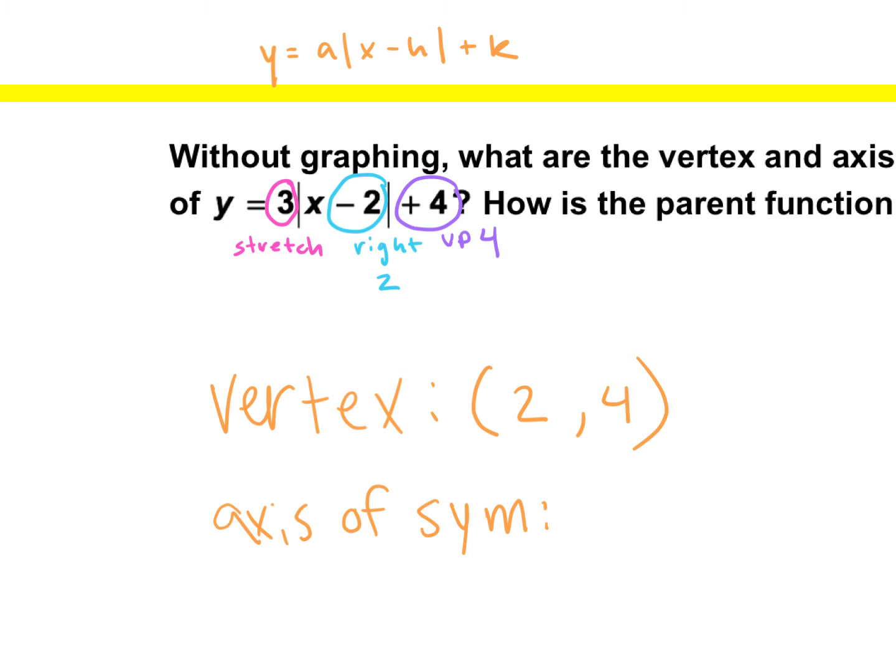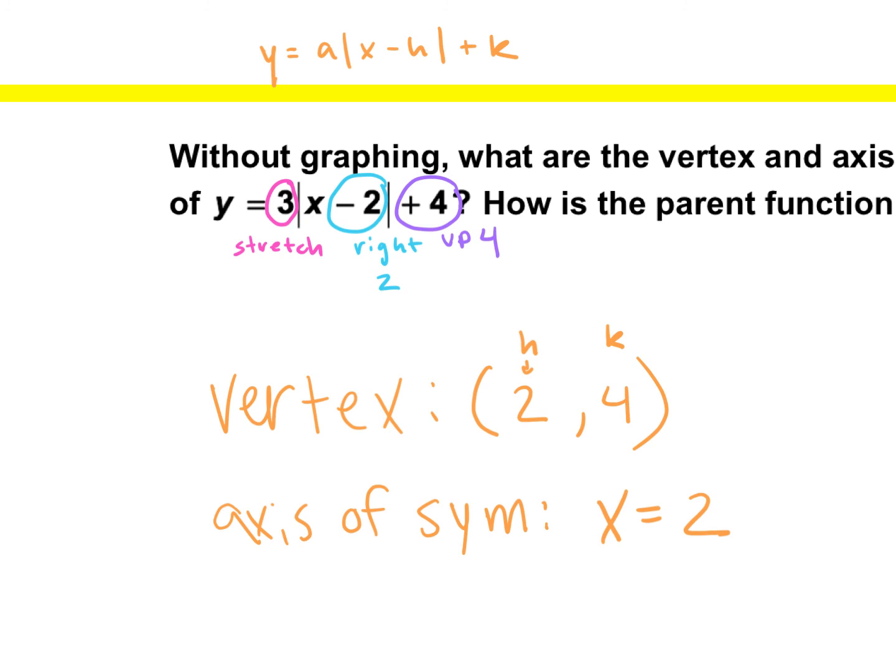And then what's my axis of symmetry? So it's x is equal to h, and what's my h? 2. Because remember, your vertex is h, k, so your h is 2. So that 3 really doesn't mean anything. It's not involved in our vertex or axis of symmetry. It's just telling us we have a stretch.